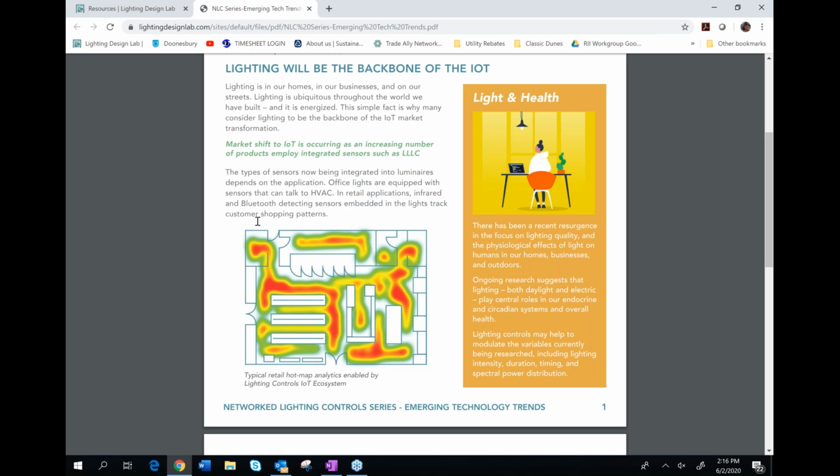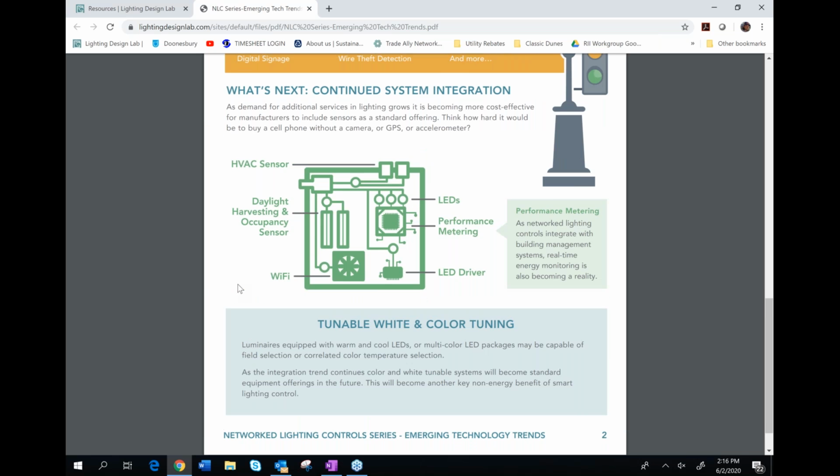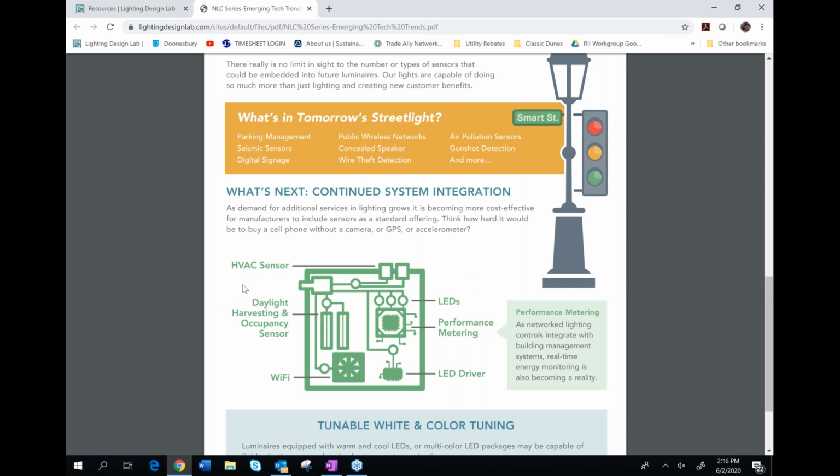We see how lighting control sensors can be leveraged to understand how a space is used, how people walk in a space, if rooms are empty or not, how to track things that are important to you. And even on the flip side of the page, if you scroll down to the end of it, we're going to talk a little bit about, hey, what are the smart city implications? How many additional features can be added to these systems? And it goes hand in hand with the previous guide, because you don't necessarily want to overload any specific decision maker with all these possible features of these emerging technologies.